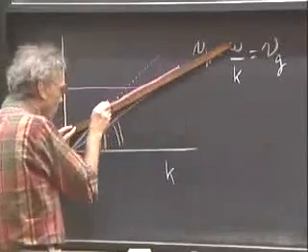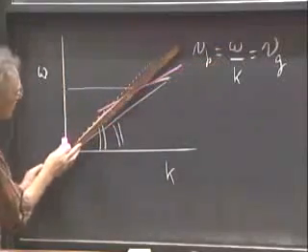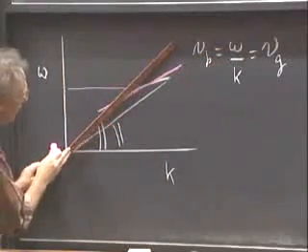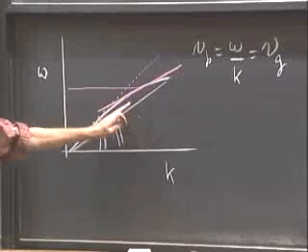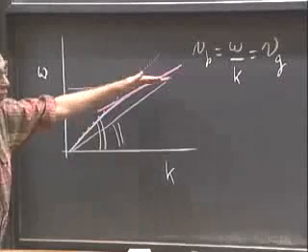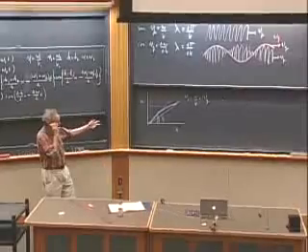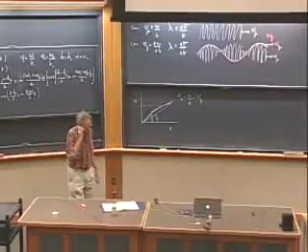And that group velocity has a different angle, a different slope, than this slope. And so you see that for all these points here, the group velocity is different from the phase velocity. The exact values of the phase velocity and of the group velocity follow from the shape of that curve. So you have to know that curve, and that curve is called in general the dispersion relation. So any relation between omega and k gives the whole show away.